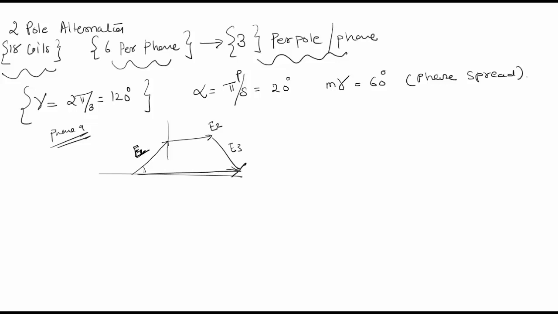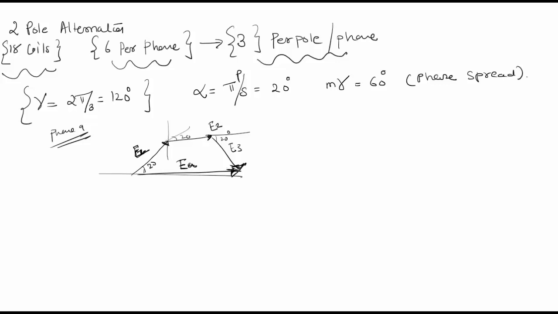Each of these will be separated by 20 degrees. If I am drawing it using vectors, it's possible to draw these three, and whatever resultant or addition I get will be my phase voltage generated, EA.